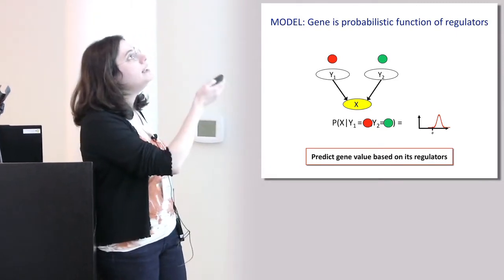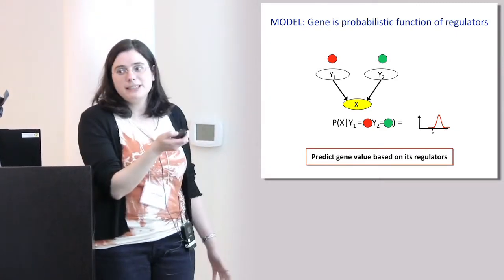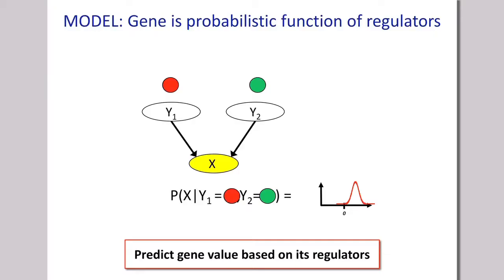So we said, well, we want to model this as a probabilistic system, where we can model the expression level of a gene as a probabilistic function of what would be its regulators. And we don't care if the regulators regulate it in one way or in a different way, but because all we have is expression data, we're going to be assuming, and it's going to be a big assumption, that we can predict the expression level of a gene from the expression level of its regulators.